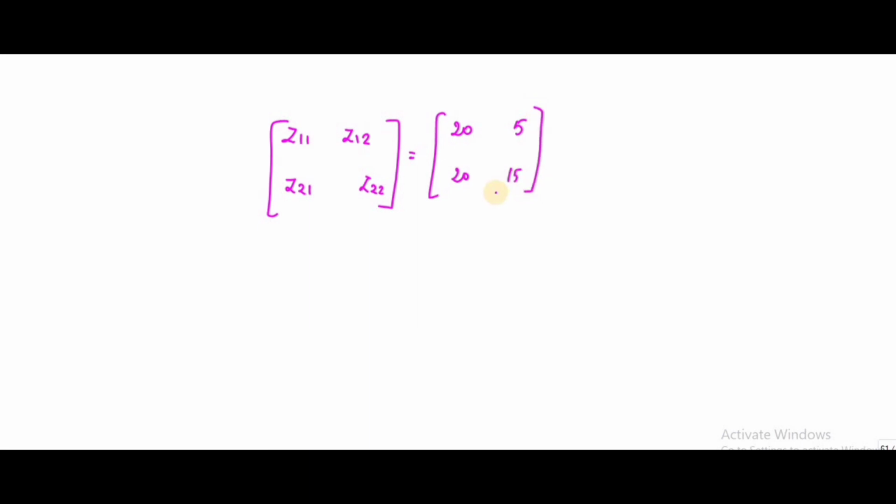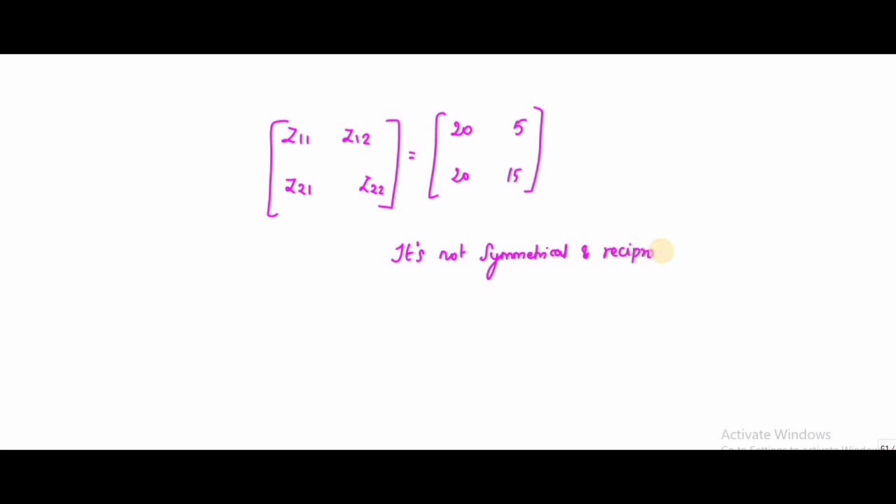So this network is not symmetrical, and it is also not reciprocal. This is the conclusion.